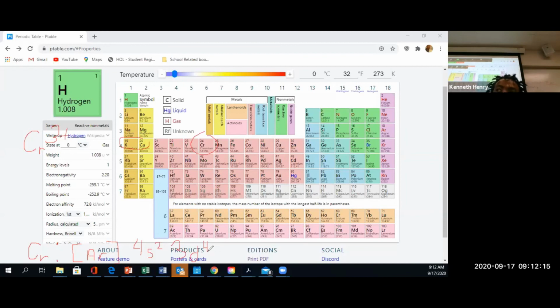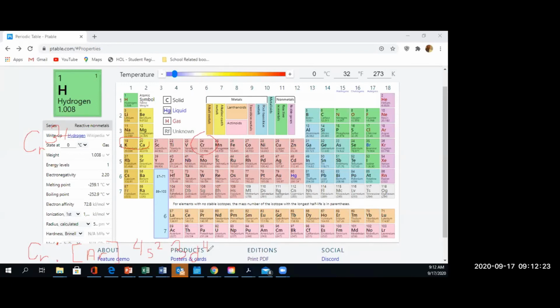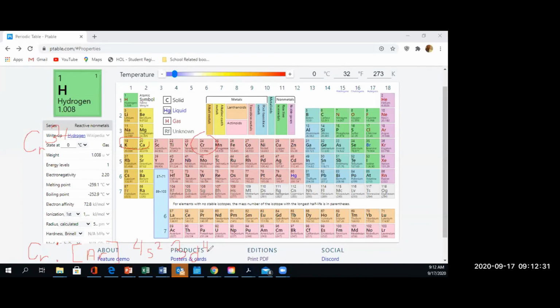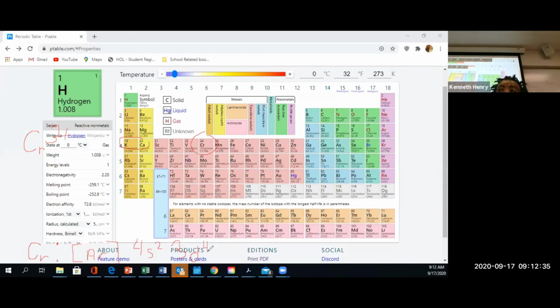Now when we're removing electrons, we're going to remove from the highest period first and then downward. So what is the highest period that we have? You're telling me 3 is higher than 4?